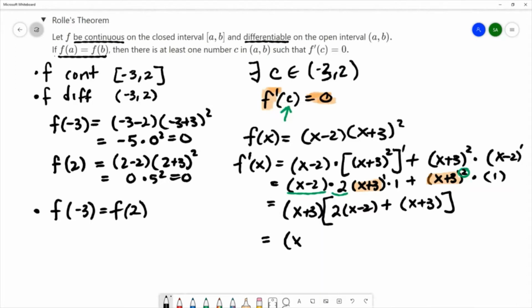So I have (x plus 3). In the parentheses, I'm going to use the distributive property and combine like terms. That gives me 2x minus 4 plus x plus 3. And I have 3x minus 1.